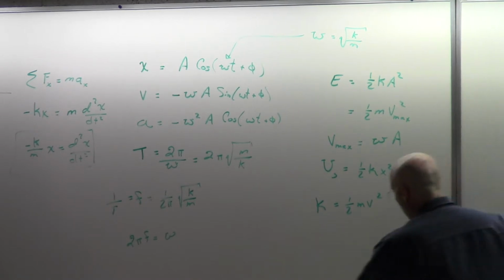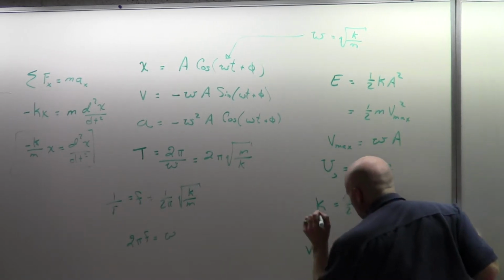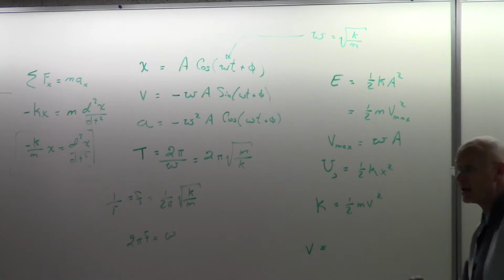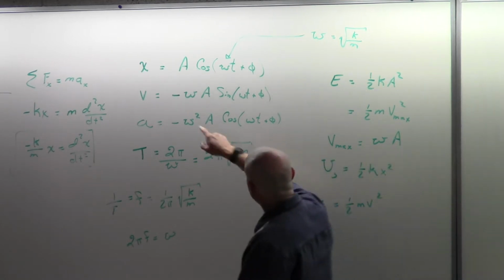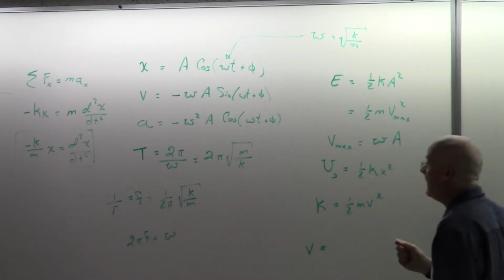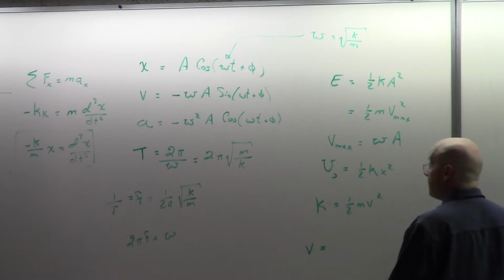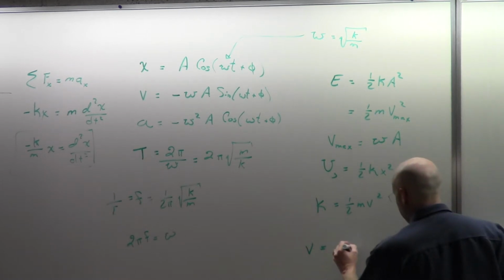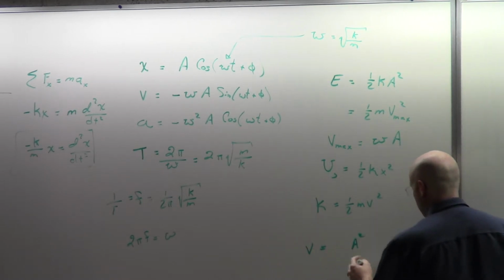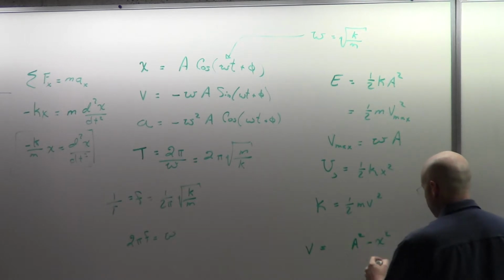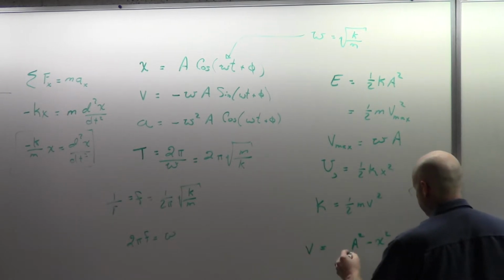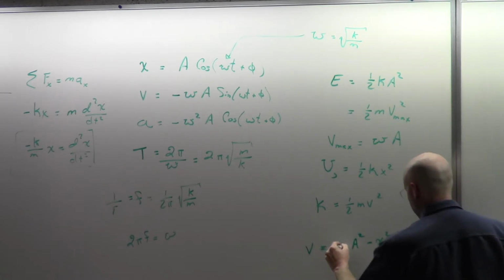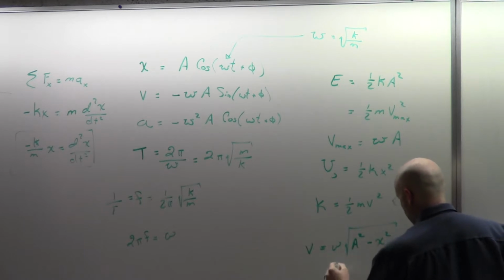Let's see, I think we had another one that said the equation for the velocity based on position instead of based on time would be, I'll have to think about this for a second. It must be total energy, A squared, minus potential energy. Must be an omega, like that, where omega is the square root of k over m.